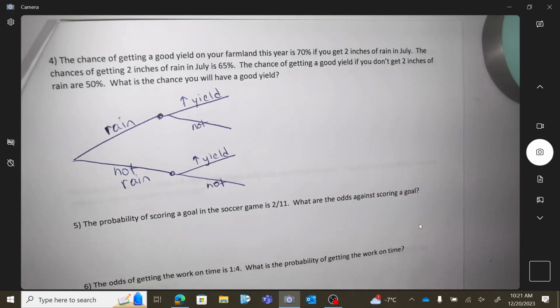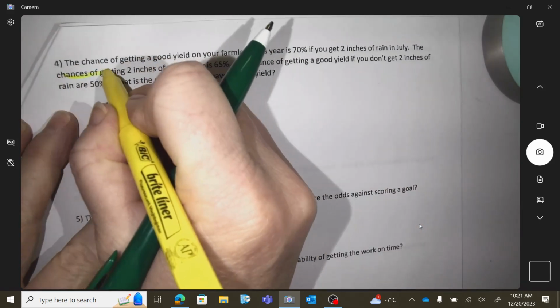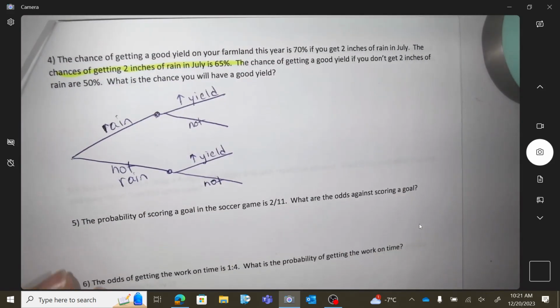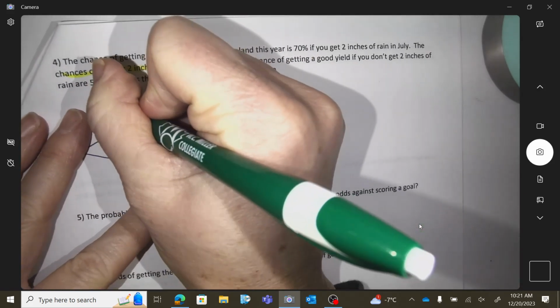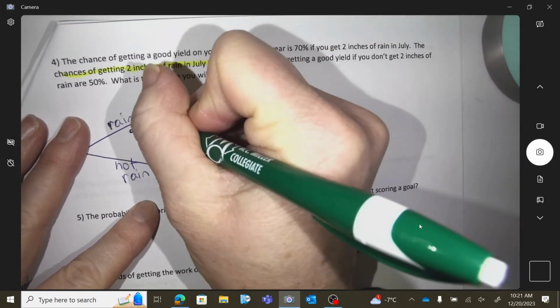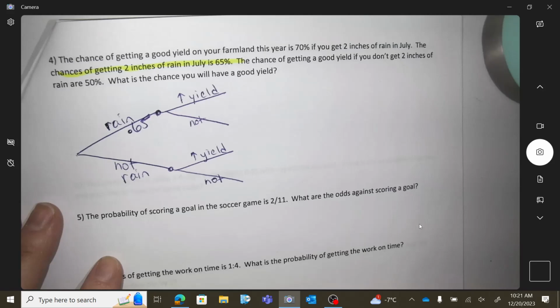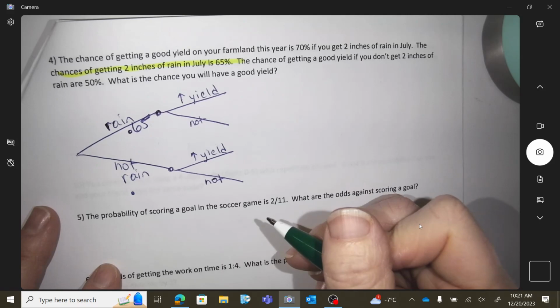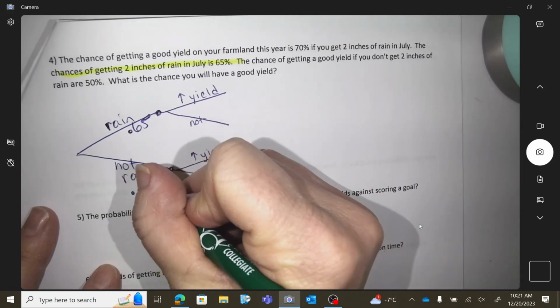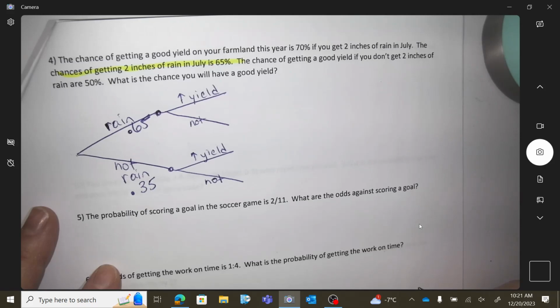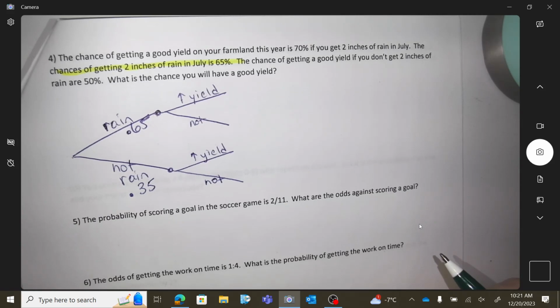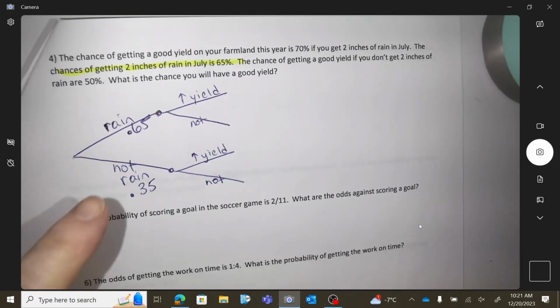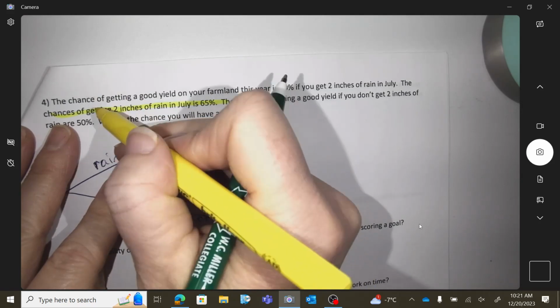Okay, so this is actually the first thing I want to really look at. The chance of getting that 2-inch rain in July is 65%. So 65% chance that you would get that rain, which makes not getting that rain, got a number on that? 35? Okay, now I'm going to go back to the top sentence.